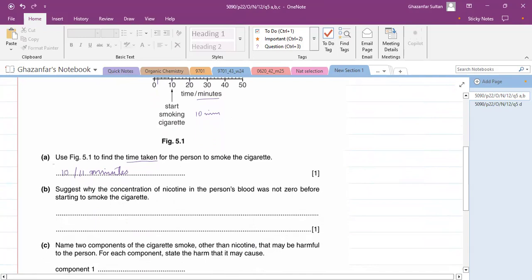There are several reasons for this. One reason could be that the smoker may have smoked recently.